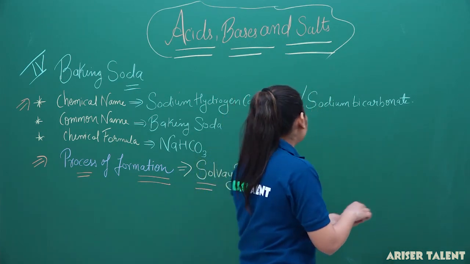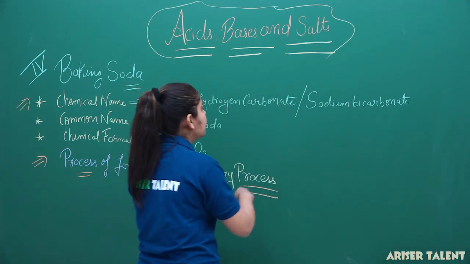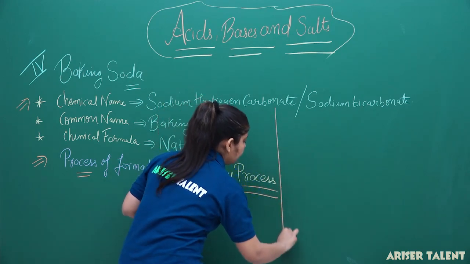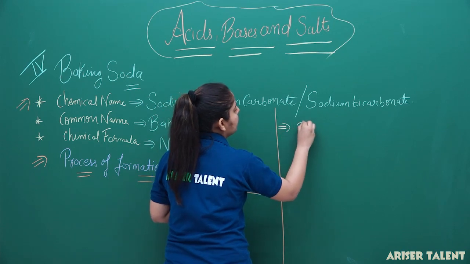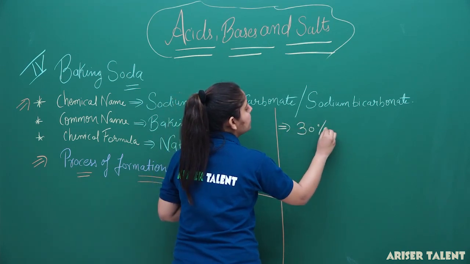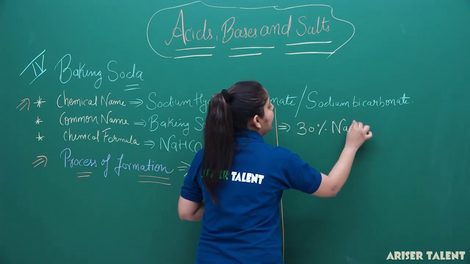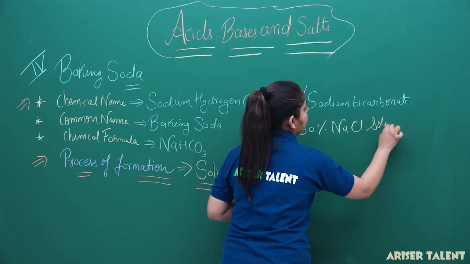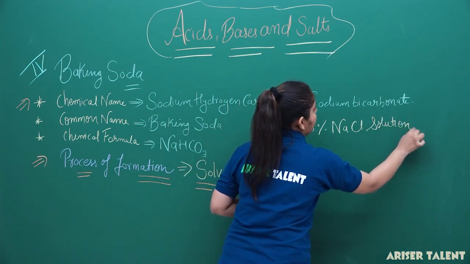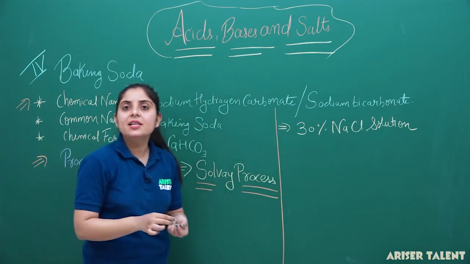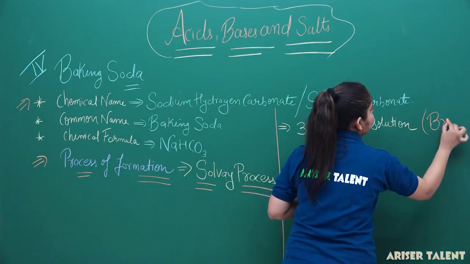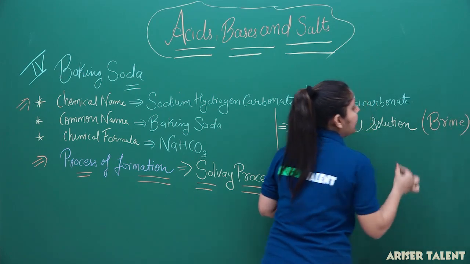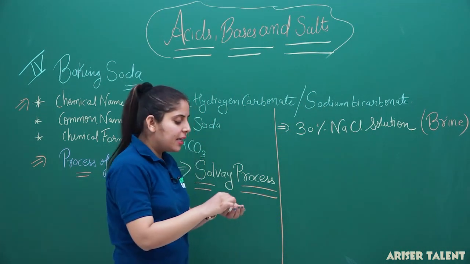So what is the basic reaction that takes place in the Solvay process? We have taken a 30% NaCl solution, and this 30% NaCl solution is actually the brine. Now what happens in this case?